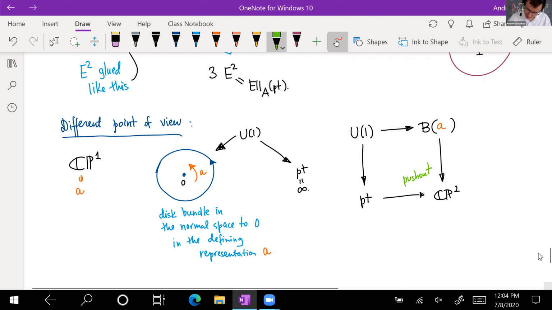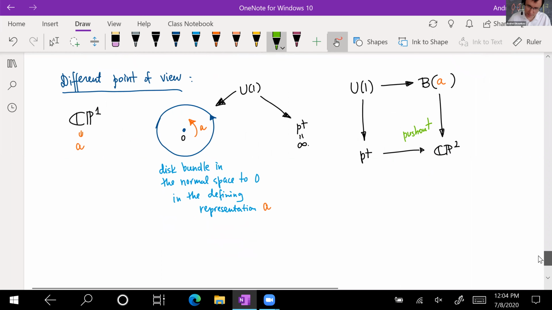And so you can view that same pushout. This is essentially the same computation, but in this computation we made the roles of 0 and infinity slightly asymmetric.